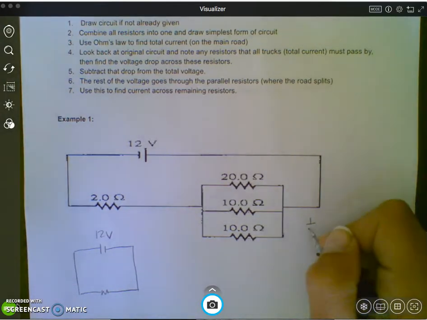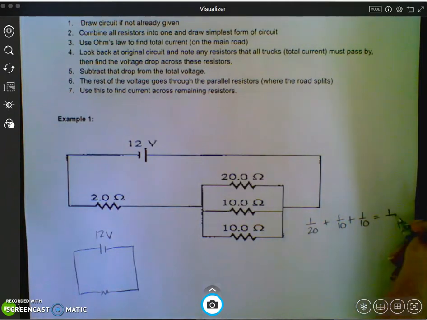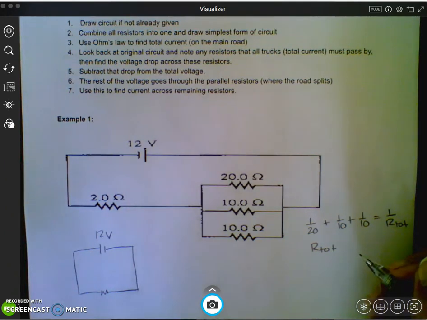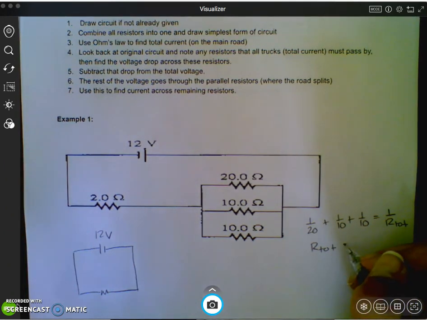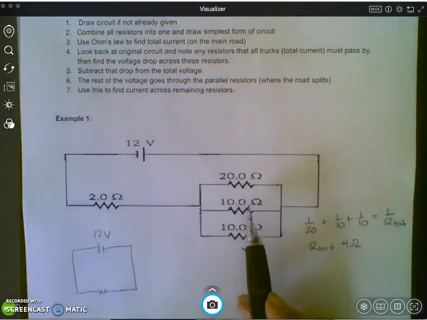So we'd have to go 1 over 20 plus 1 over 10 plus 1 over 10 equals 1 over R total. And if you do that, you get R total equal to, sorry, 4 ohms. And that's the total for the parallel circuit.